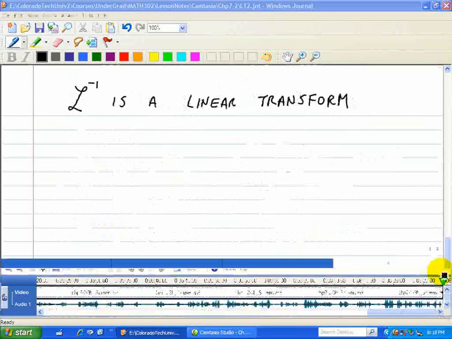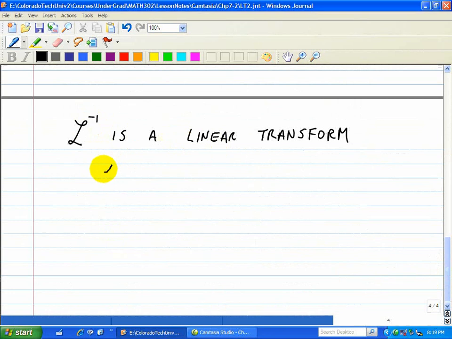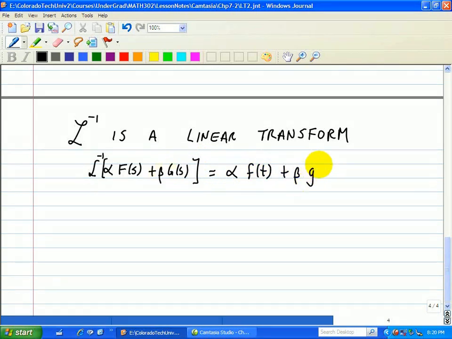We also should note that the inverse Laplace transform is a linear transform. Again, what we mean by that is that if I have a linear combination of alpha F of s plus beta G of s, so it's a linear combination of Laplace transforms, then we have alpha f of t plus beta g of t.